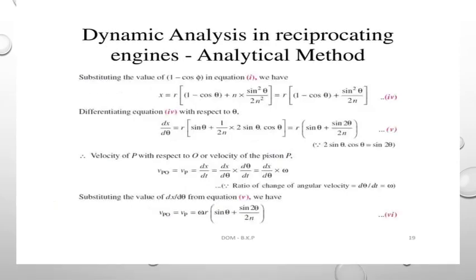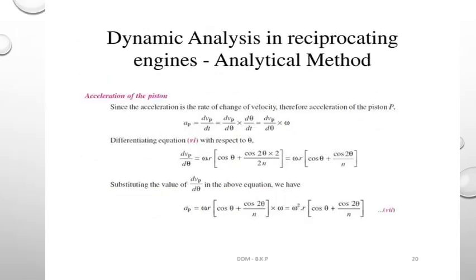Graphically, as shown in the figure, x equal to r into 1 minus cos theta plus sin square theta by 2n. Differentiating, we get the velocity vp equal to omega r into sin theta plus sin 2 theta by 2n.